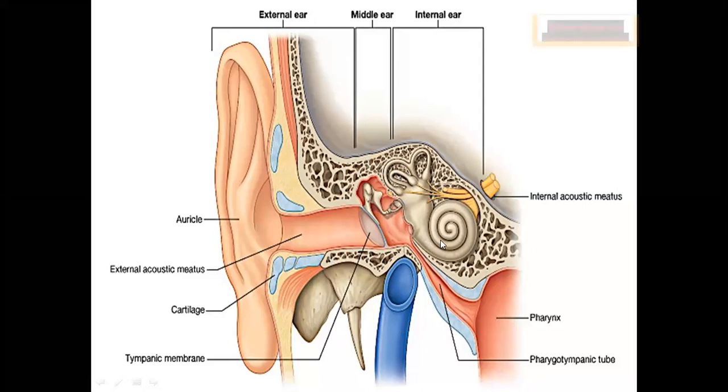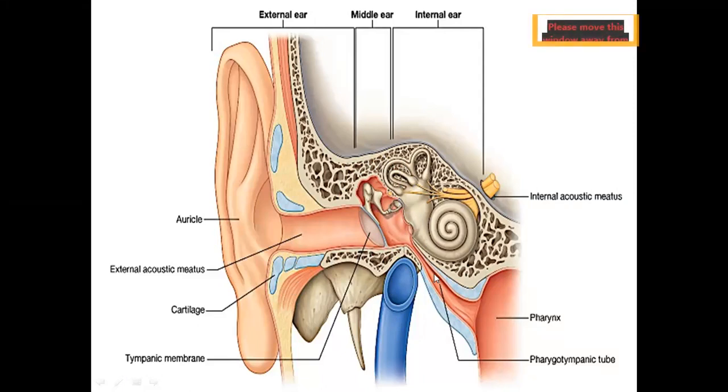This plate of bone is separated from the middle ear by internal jugular vein. Medially, you are finding internal ear parts are seen. Okay. Then anteriorly, you can see middle ear is communicating with pharynx by means of a tube that is called eustachian tube, also called pharyngotympanic tube. Okay.